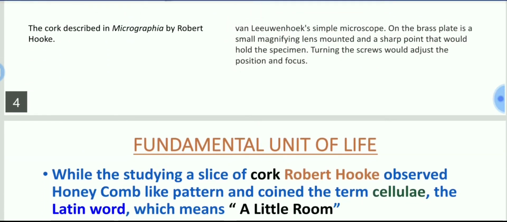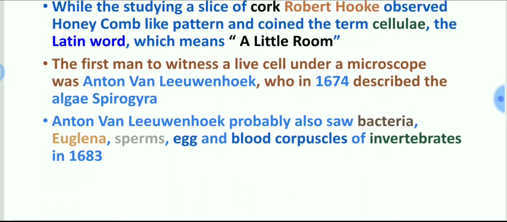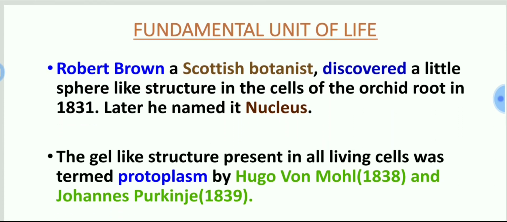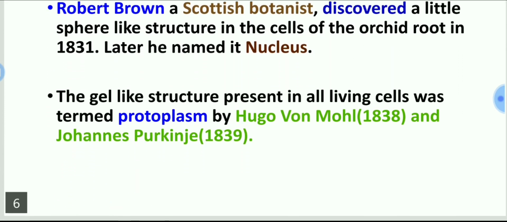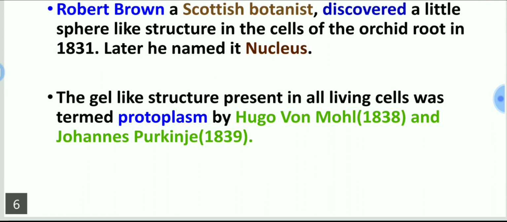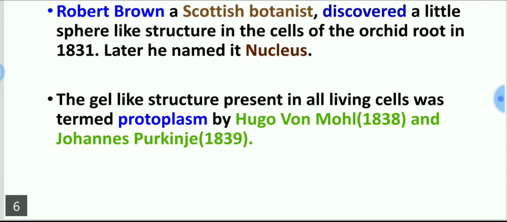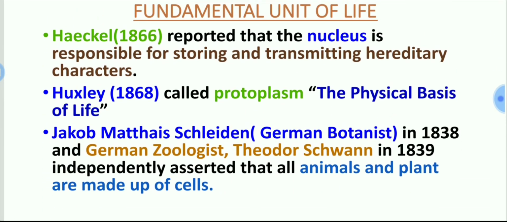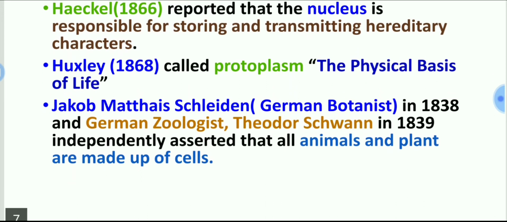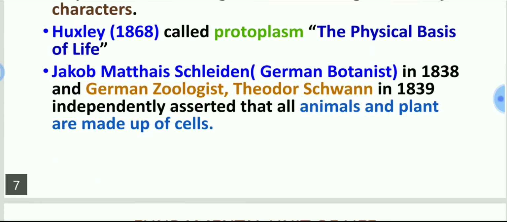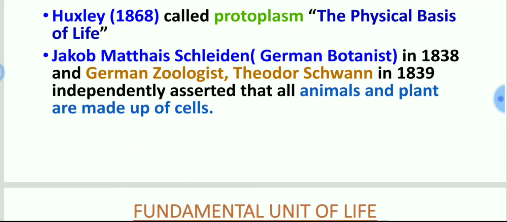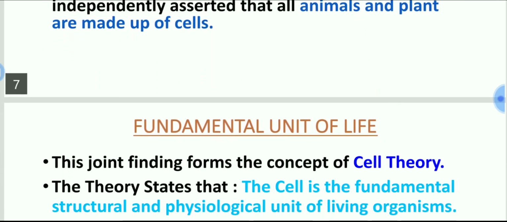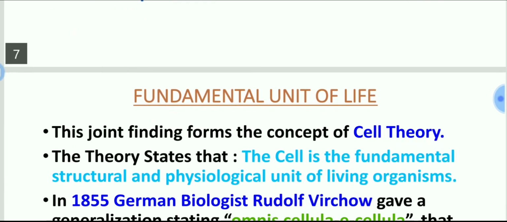The discoverer is Robert Hooke, then Antony von Leeuwenhoek, and then a very important discovery by Robert Brown, and the term protoplasm given by Purkinje, and then Haeckel says the hereditary characteristic of the nucleus, and then Huxley called protoplasm the physical basis of life, and Schleiden and Schwann independently asserted that all animals and plants are made up of cells.